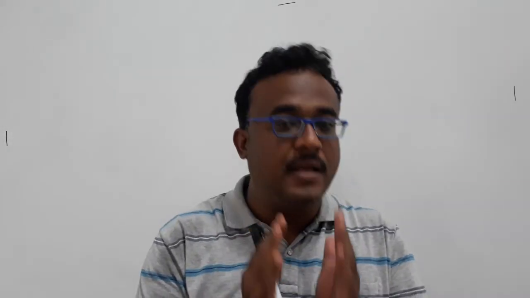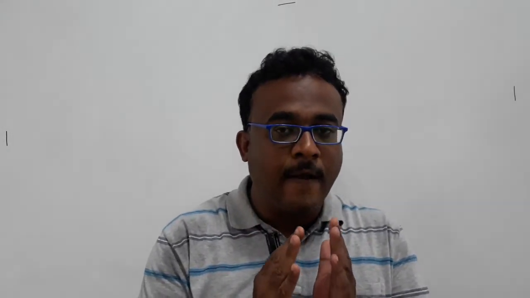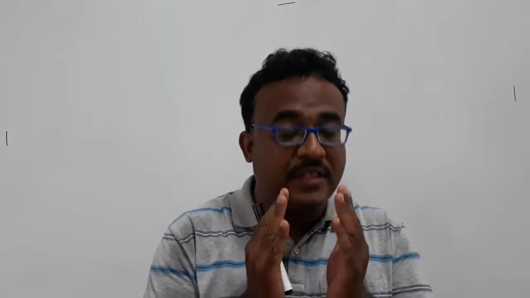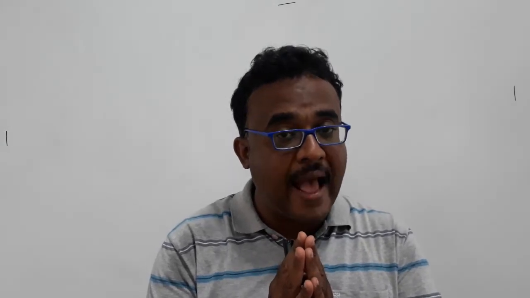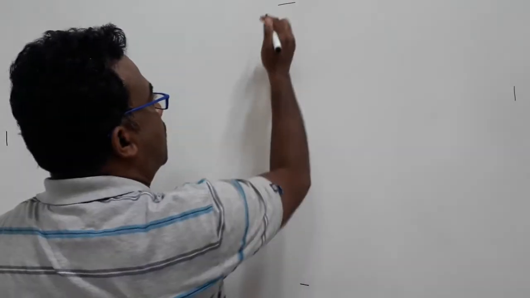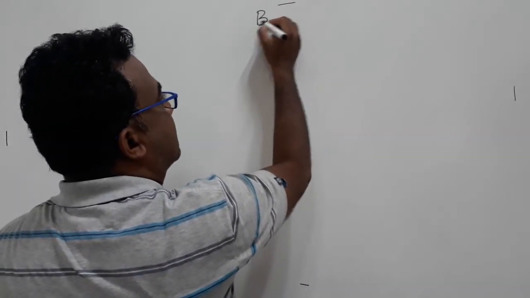Again, this molecule has a 6-membered ring, which has a planar structure. It is also called inorganic benzene, that is borazine. I am going to talk today about borazine.